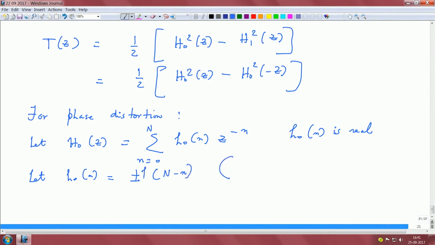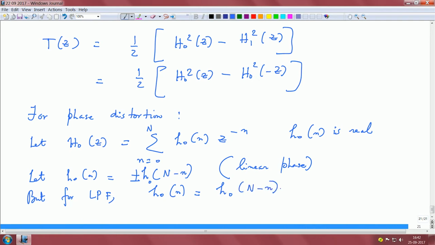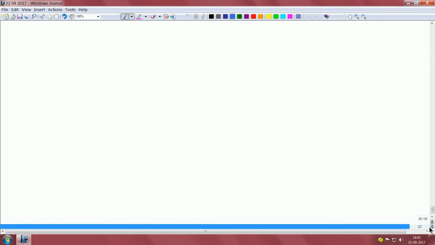This will ensure it is linear phase, but for the low pass property you have to remove the negative, because if you have a negative sign, it implies it could be a band pass or a high pass. So, all the coefficients should have the same sign, that is one of the conditions. So, H naught of n is basically H naught of capital N minus small n.